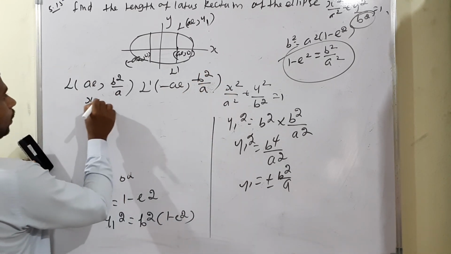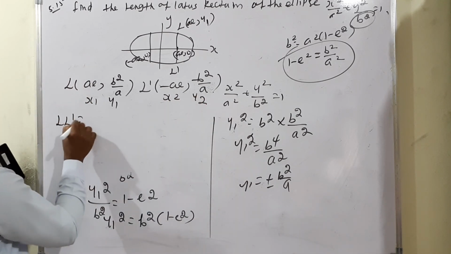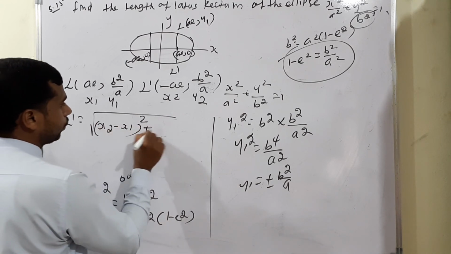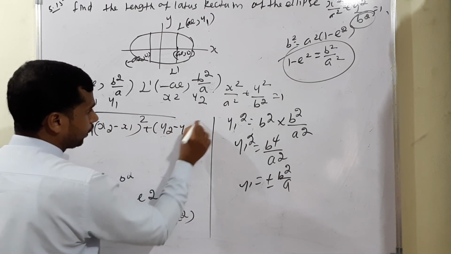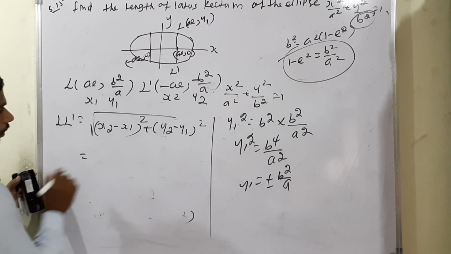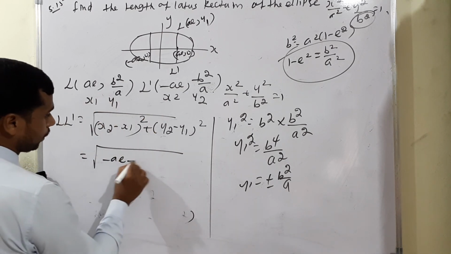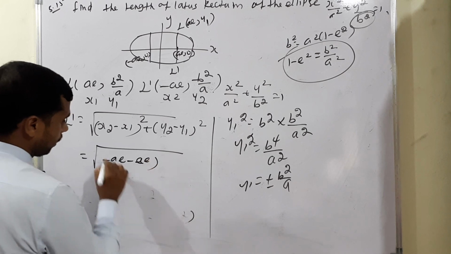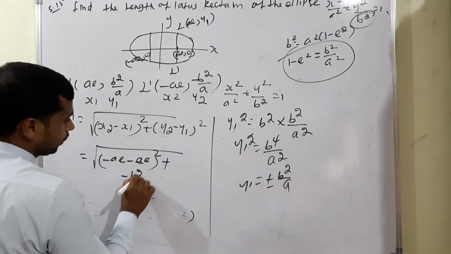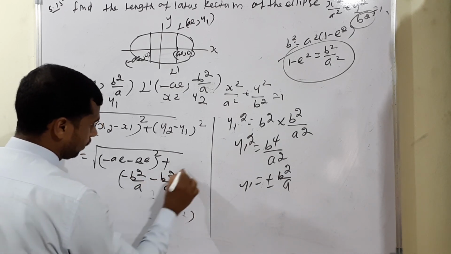This is x1 and y1, the second is x2 and y2, so by the distance formula L L dash is equal to square root of x2 minus x1 the whole square plus y2 minus y1 the whole square.